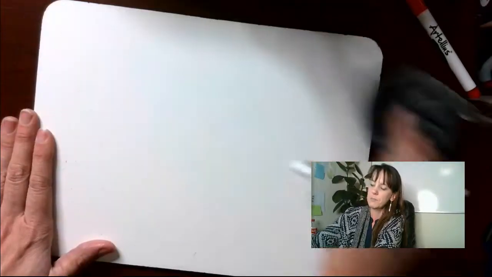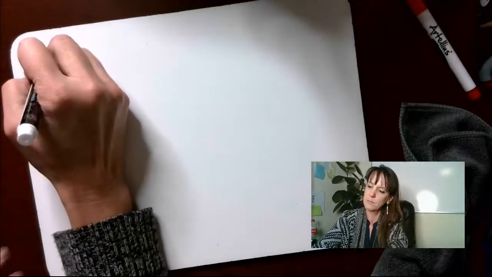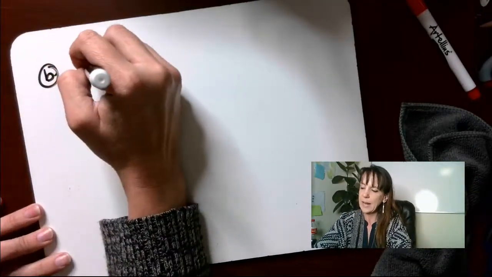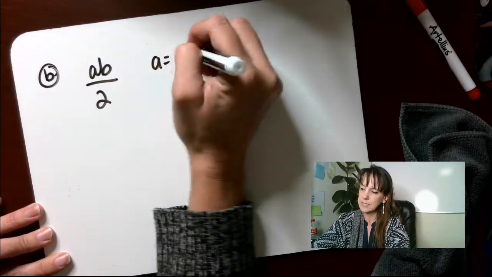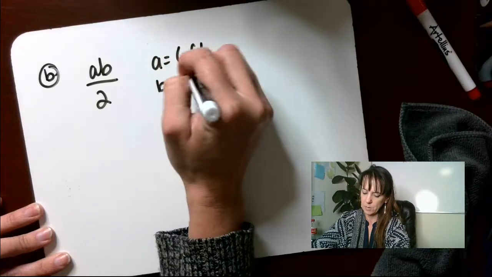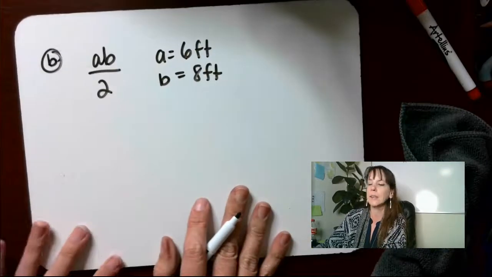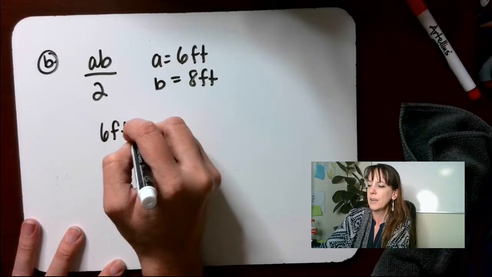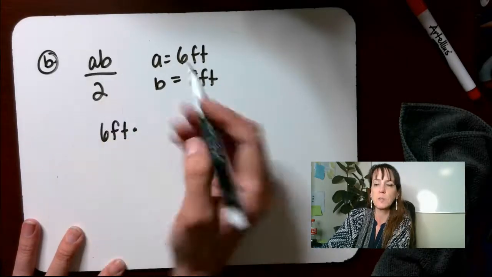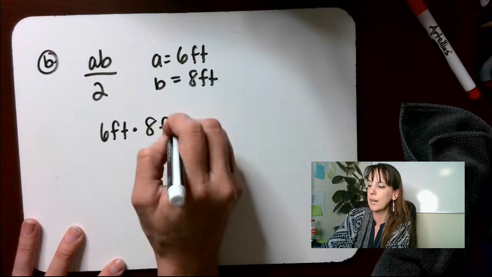All right, so B. Evaluate AB over 2 when A equals 6 feet and B equals 8 feet. Okay, so we take A, which is 6 feet, and we multiply it, because these two things are being multiplied, by 8 feet, okay?